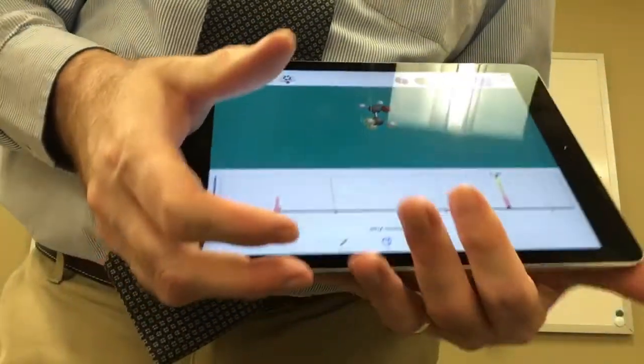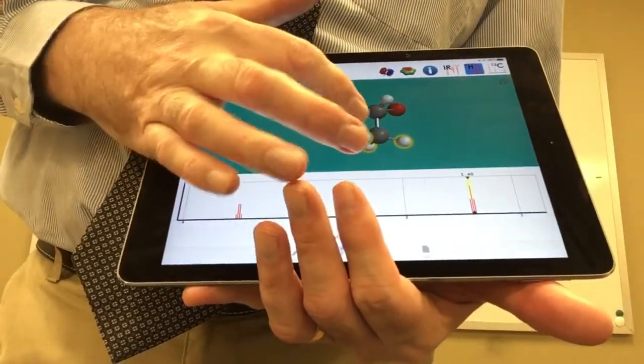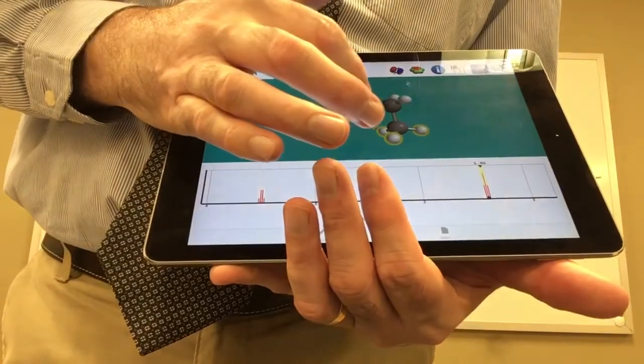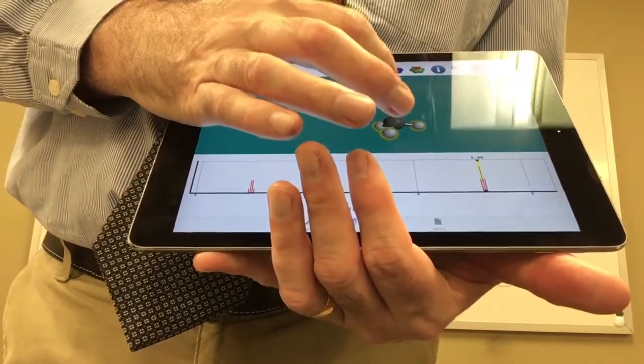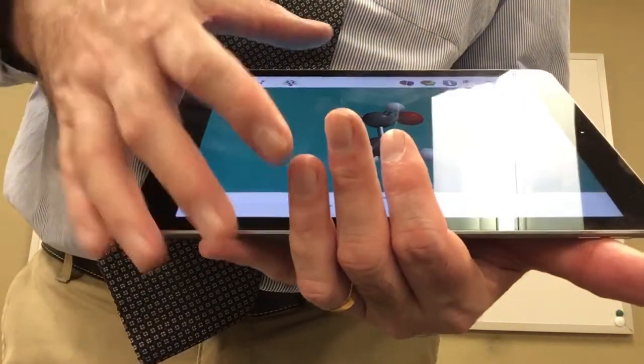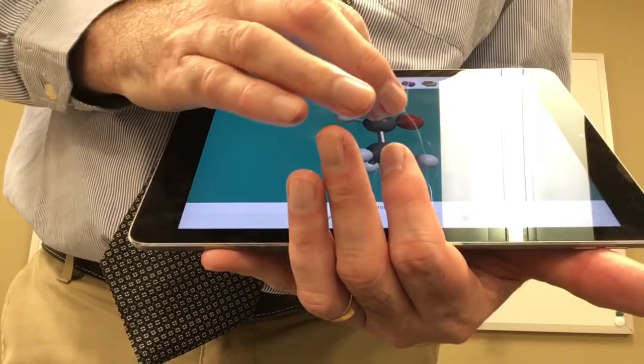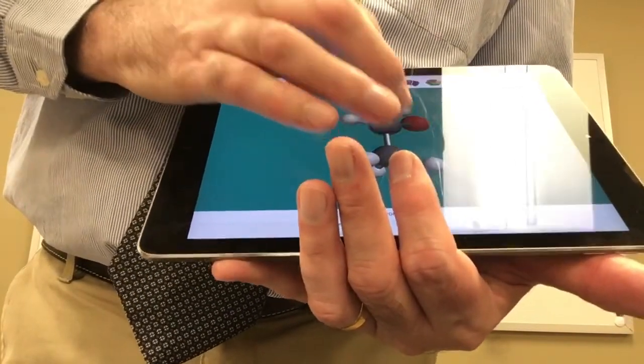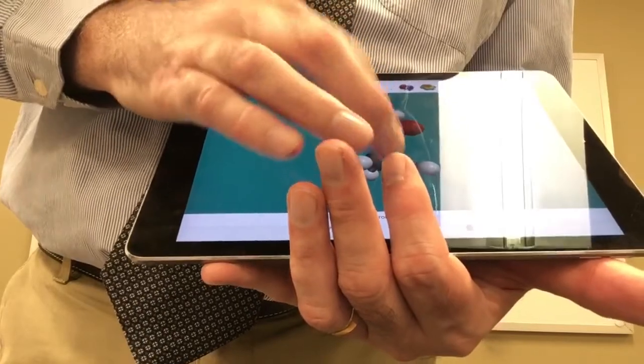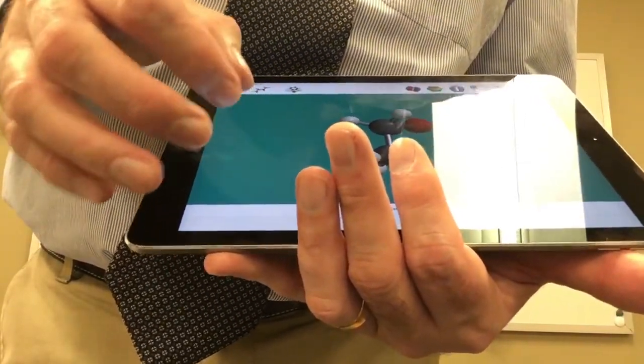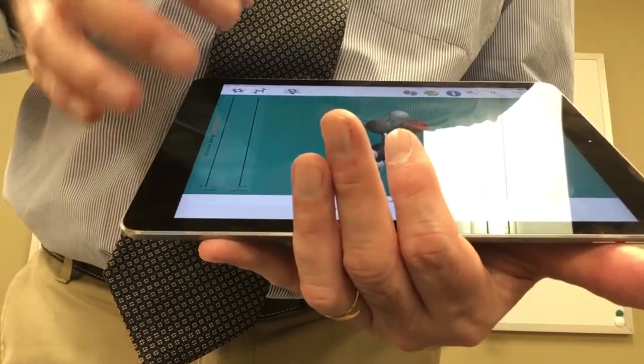So, if I hold this up, because that bond is allowed to rotate, in fact, I might be able to do that. If I go back to the 3D structure, I think I can highlight a bond. There you go.